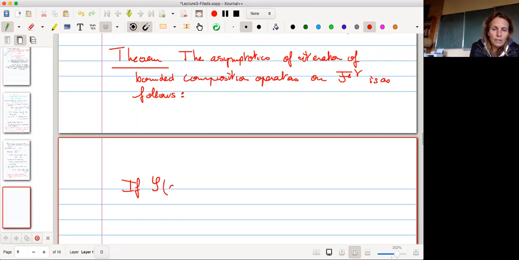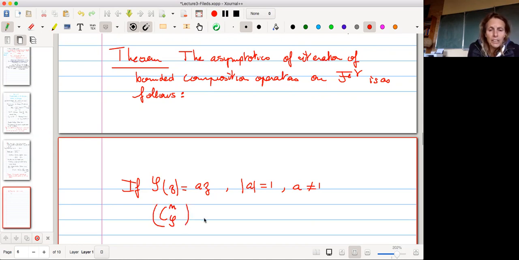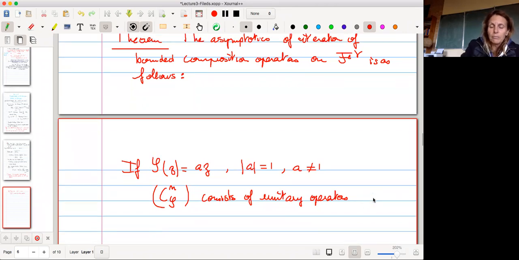If phi is equal to AZ with the modulus of A equal to 1, and we avoid the trivial case of the identity map, then in this case, C phi n consists of unitary operators. So it does not converge even weakly.